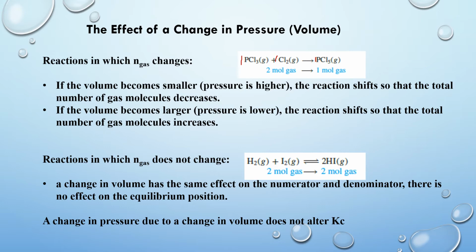For example, here we have 1 mole of hydrogen and 1 mole of iodine, so the total is 2 moles. Here we have 2 moles of hydrogen iodide, so also 2 moles. Because the number of moles of gas is the same for the reactants and the products, the change in volume has no effect on the equilibrium for this chemical reaction.